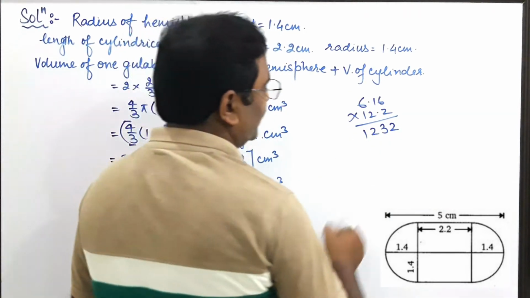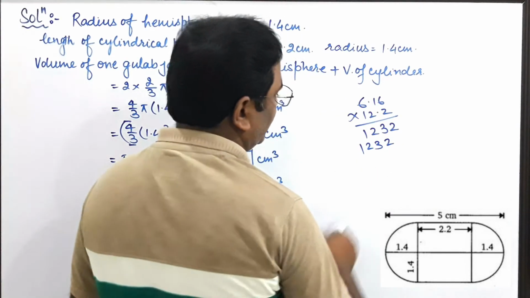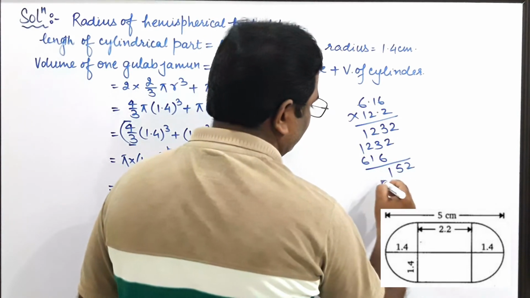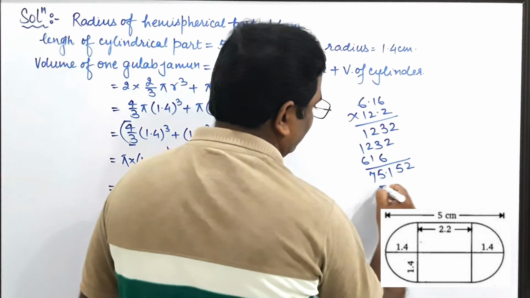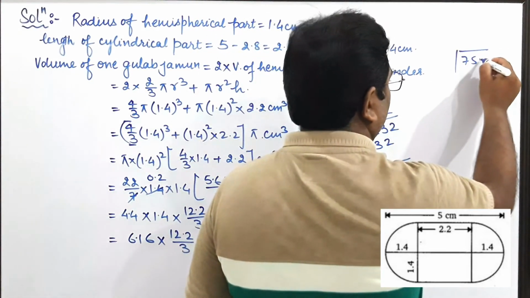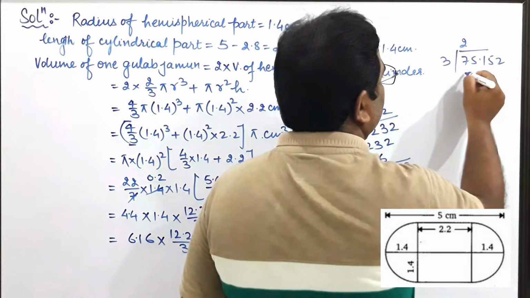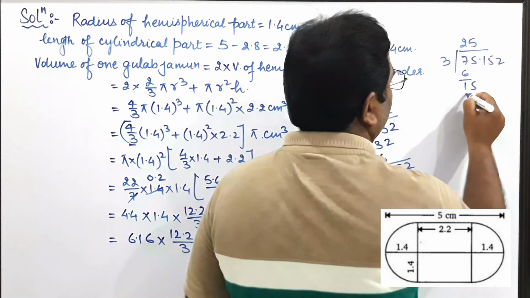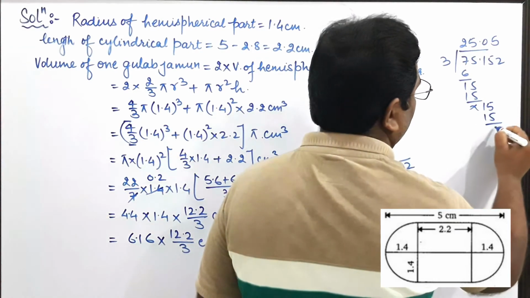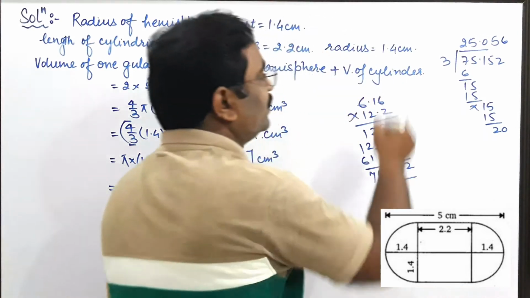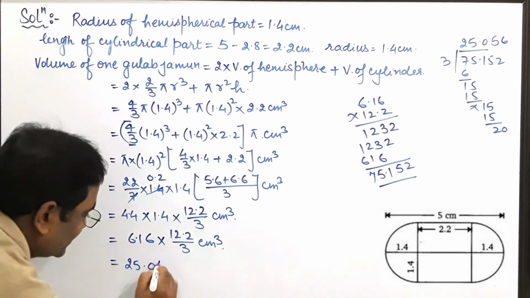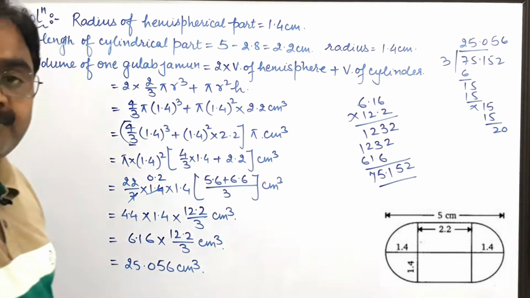Okay, again 2 3 2 1 and 6 1 6, add 2 3 2 5, 3 2 5 6 11, 2 2 4 1 5 and 7, decimal will be, means 75.152. 75.152 divided by 3, 3 2s are 6, 3 5s are 15, now 1 0 5, 3 5s are 15, 2 0 3 6 are 18, means we got 25.056 cubic centimeter is the volume of one gulab jamun.